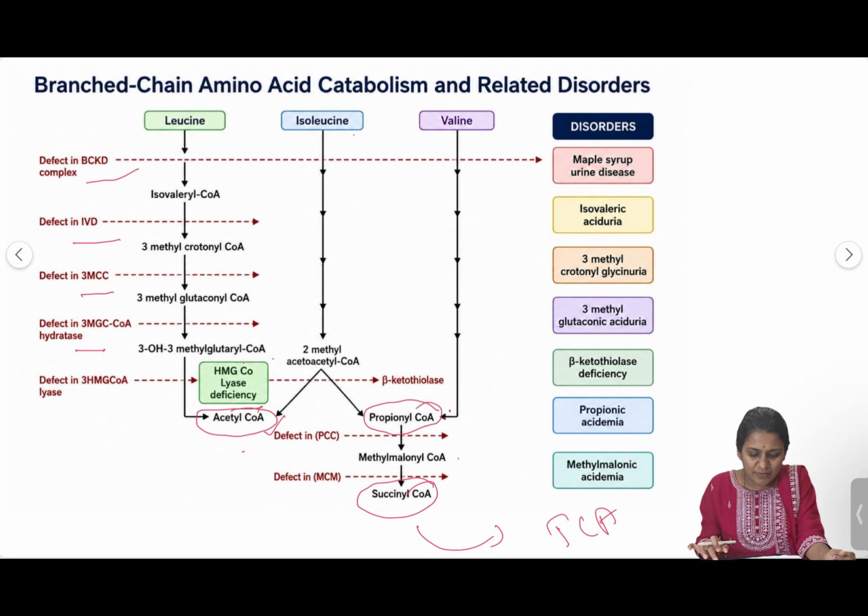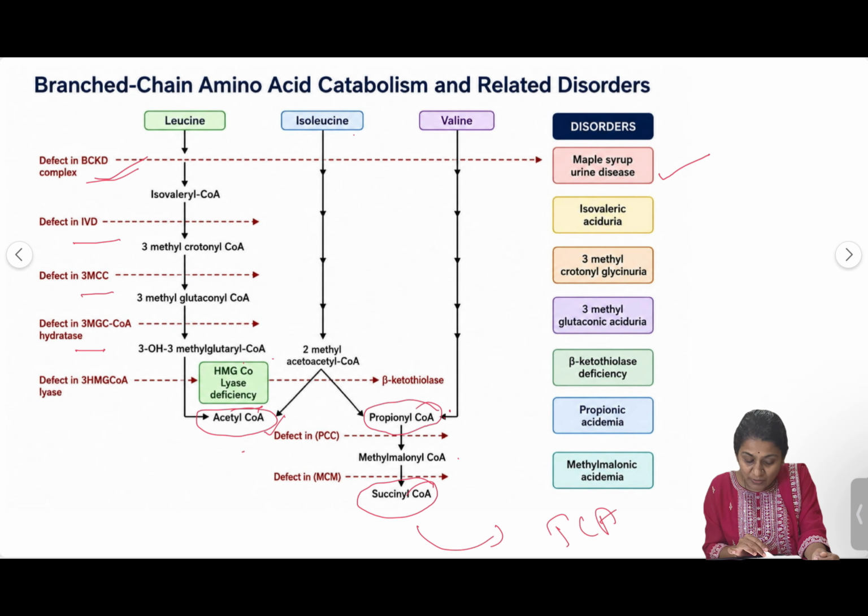If there is a defect in the metabolism of branched chain amino acids, that will lead to many diseases: MSUD, isovaleric aciduria, methylcrotonyl glycinuria, methylglutaconic aciduria. So these are all the diseases. Just have a look. If there is a defect in branched chain alpha keto acid dehydrogenase, that will lead to maple syrup urine disease.